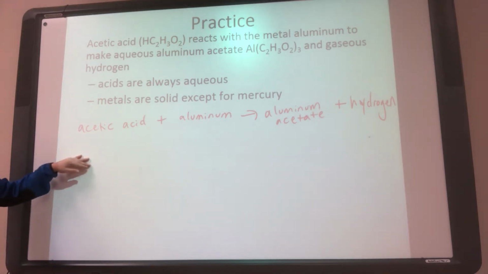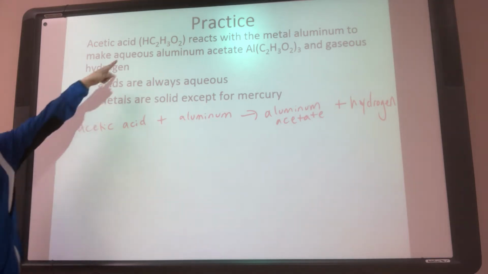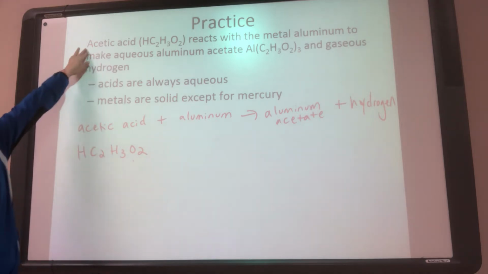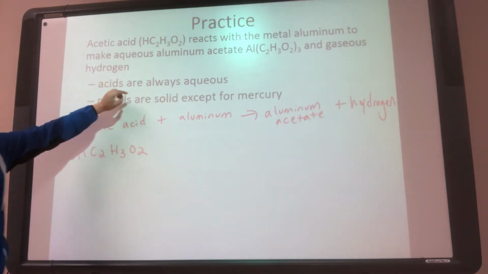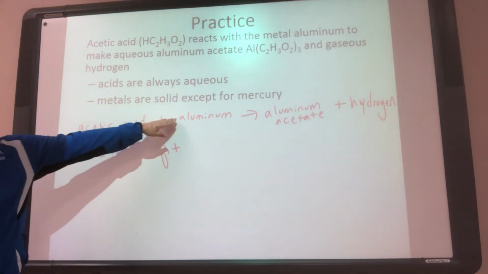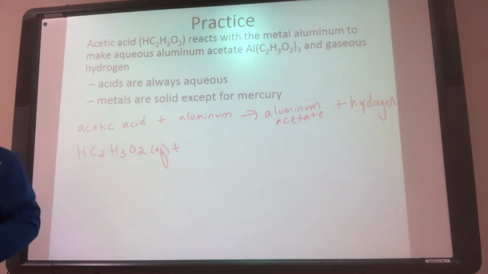Now I want to put the formulas and their states. So acetic acid they gave me. And state. This is acetic acid, and I said that acids are always aqueous. So if it's aqueous, that is a Q. Next is aluminum. Aluminum is just the element, so just Al.